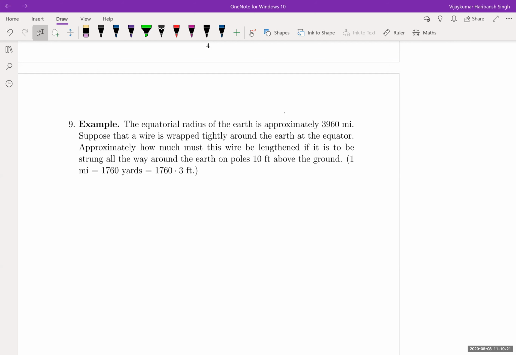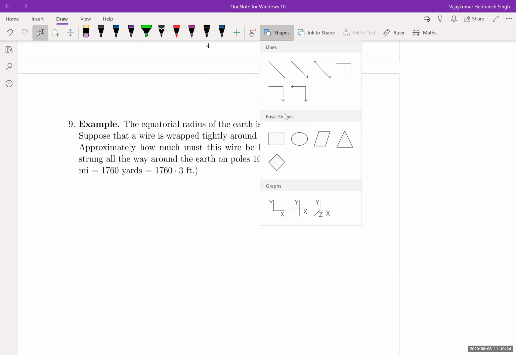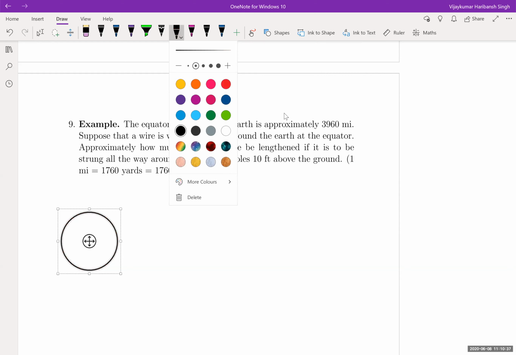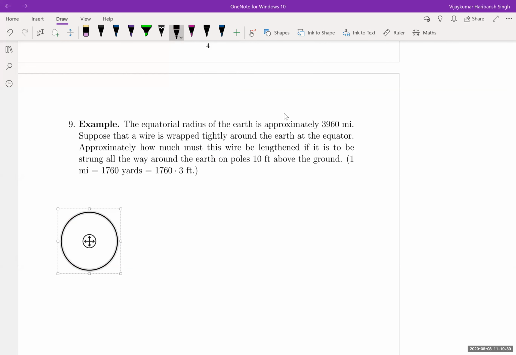Okay, so let's see. What is the question asking us? So this is your Earth, and the center of the Earth. Let's draw the equator. So this is your equator, and the radius r is given to you.